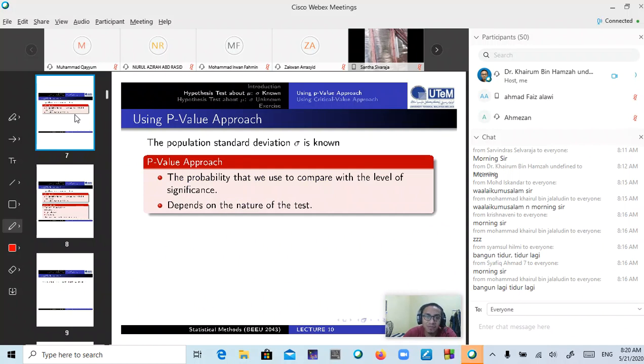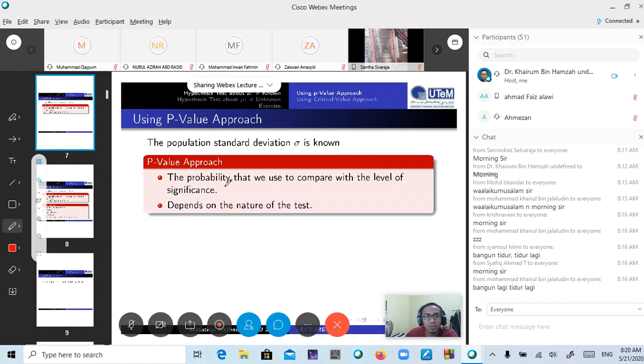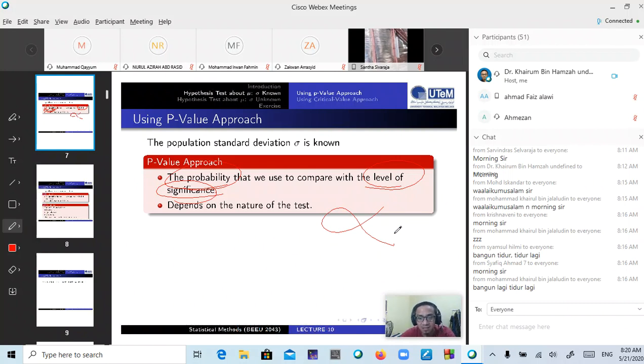So what is the p-value approach? In the p-value approach, you use the probability, P stands for probability, to compare with the level of significance. What is the level of significance? Level of significance is the value of alpha. If you still remember, last week we learned level of significance.